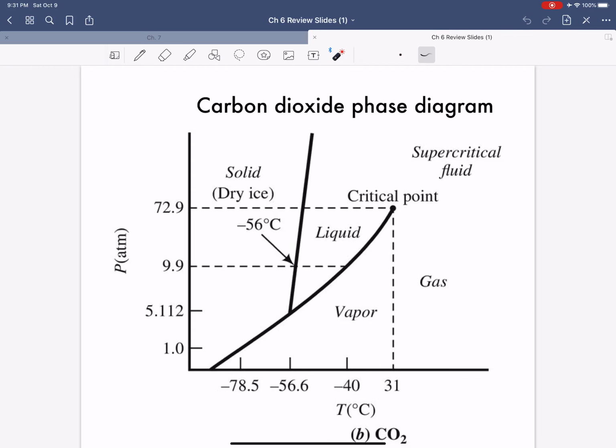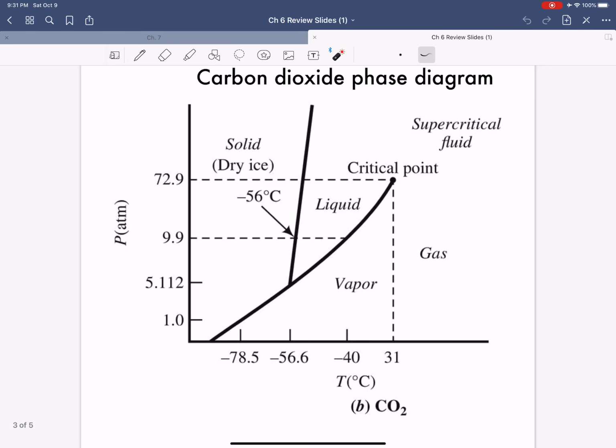Okay? And so we see all these coexistence lines that we have here, they all have positive slopes, right? And that's because, once again, dP/dT at constant G is equal to (S beta minus S alpha) over (V beta minus V alpha).